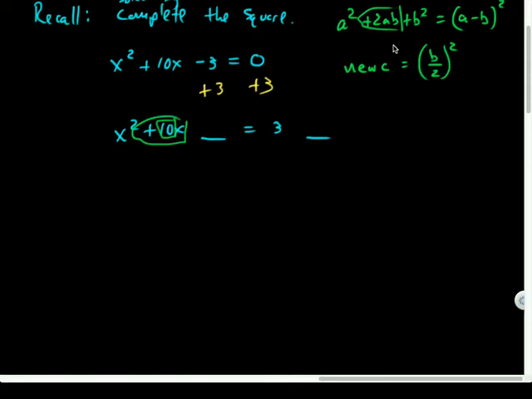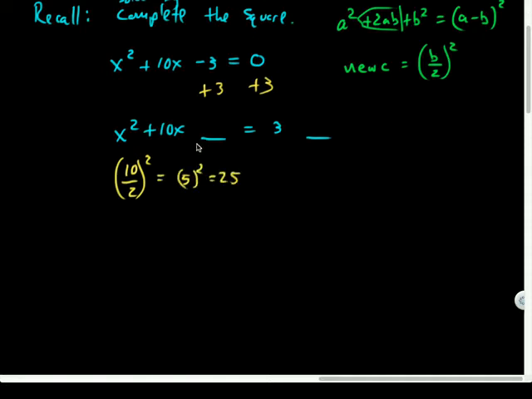So if I wanted to find my new c term, c is just whatever b is squared. And so that's why I take this, divide by 2 and square it. So what is b over 2 all squared? Well, 10 over 2 squared is going to equal 5 squared equals 25.